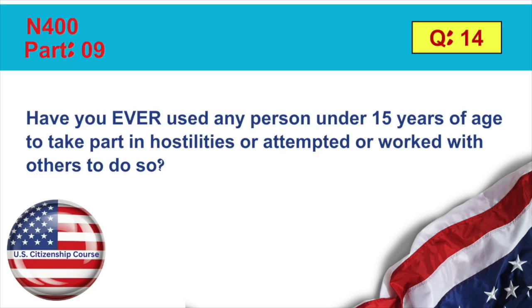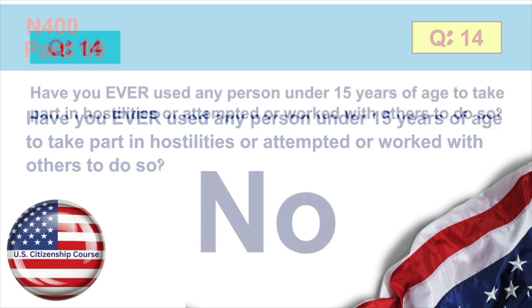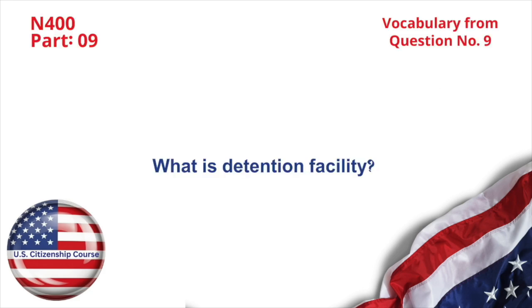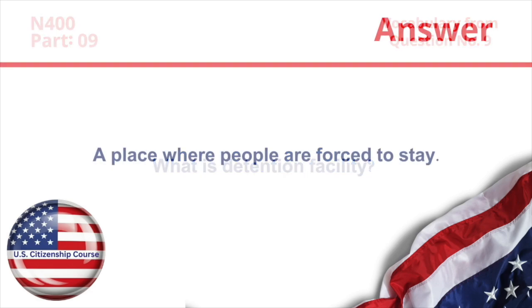Have you ever used any person under 15 years of age to take part in hostilities, or attempted, or worked with others to do so? No. What is detention facility? A place where people are forced to stay.